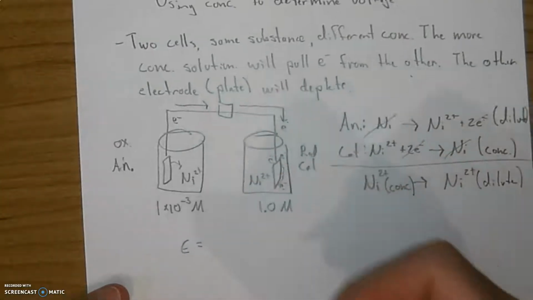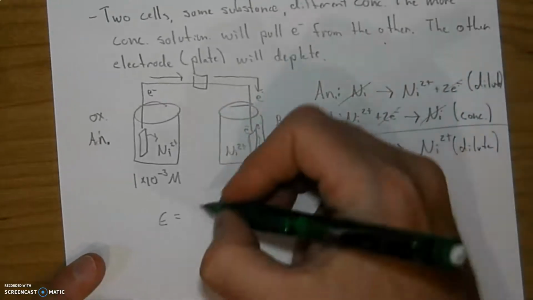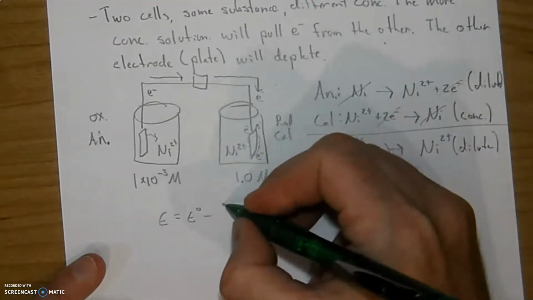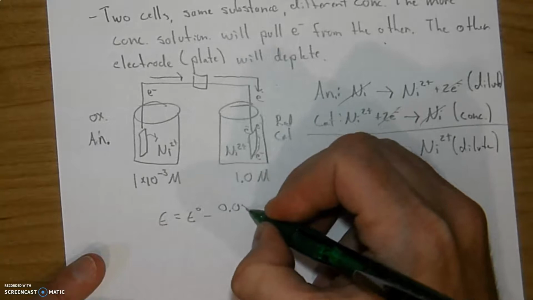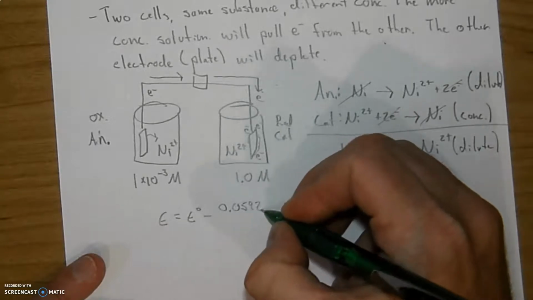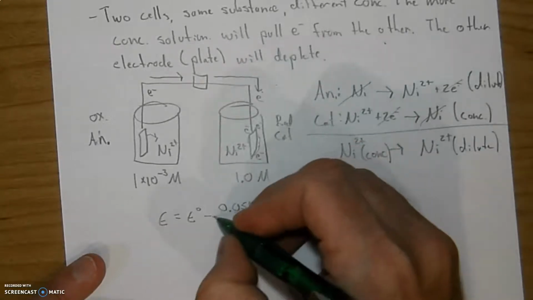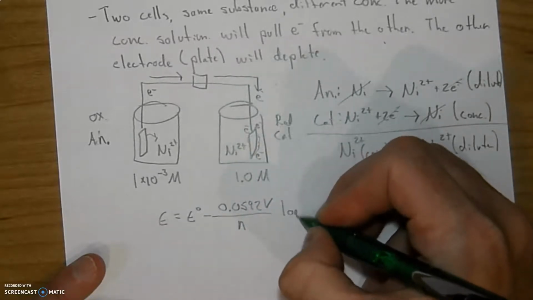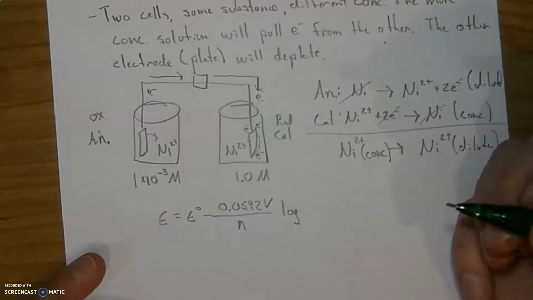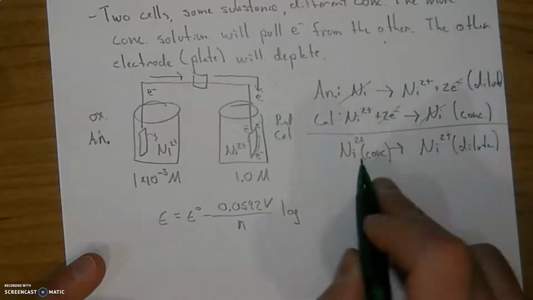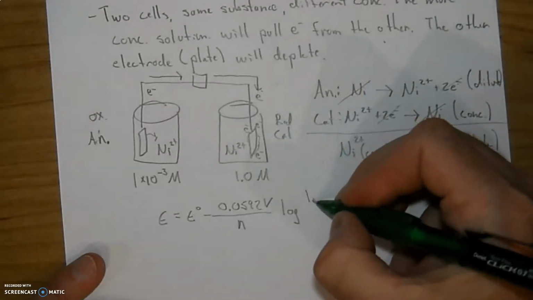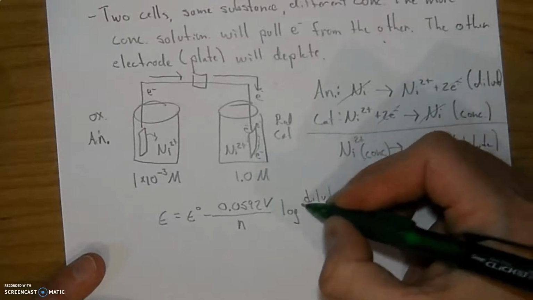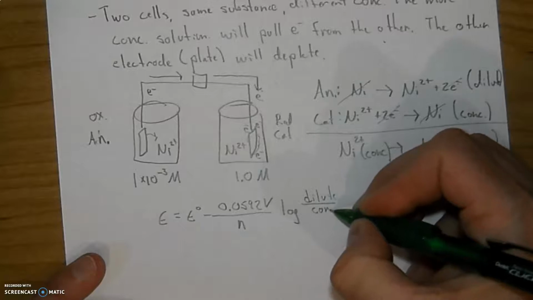E is equal to E standard minus 0.0592 over n, log of products over reactants. Dilute over concentrated.